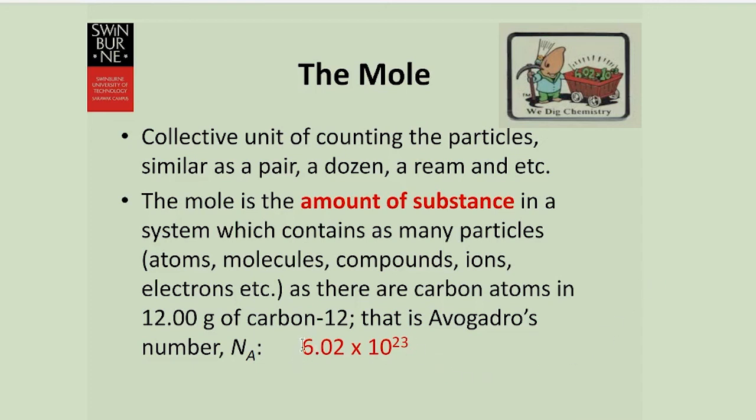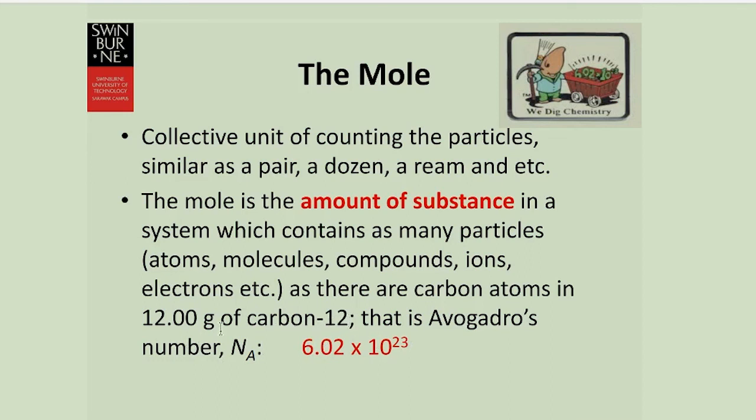This is Avogadro's number, 6.023 times 10 to the 23rd. In 1 mole there will always be this amount of those particles. Actually, this number comes from 12 grams of carbon-12. Carbon has different isotopes: 12, 13, and 14.